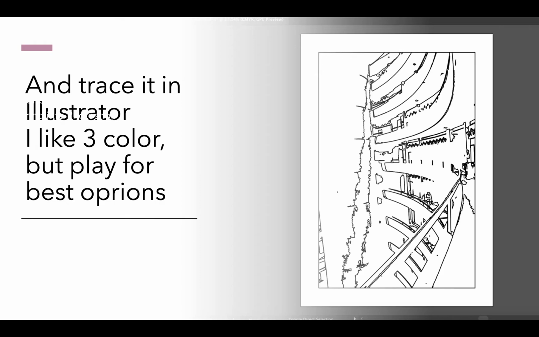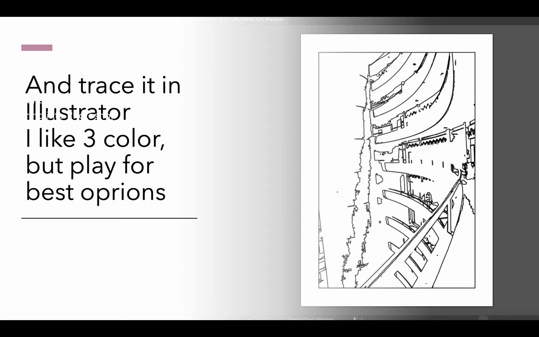I put it on an A3 piece of paper in Illustrator, and then I start playing with the traces. This is how it looks with 3-color. I'm skipping a couple of steps here that you'll see in the next video.